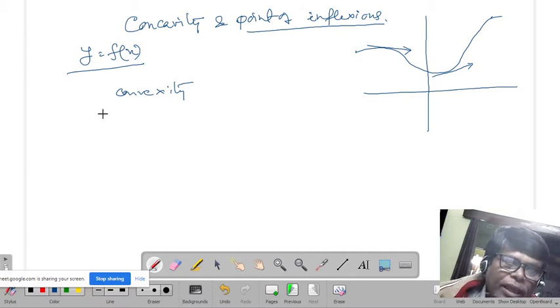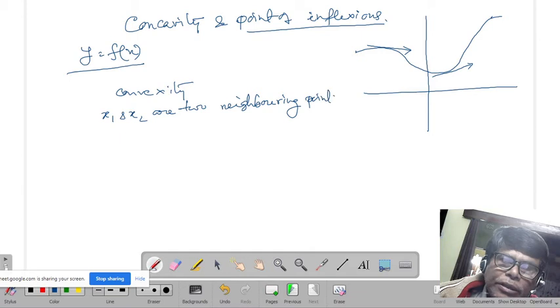Say x1 and x2 are two neighboring points on the curve.